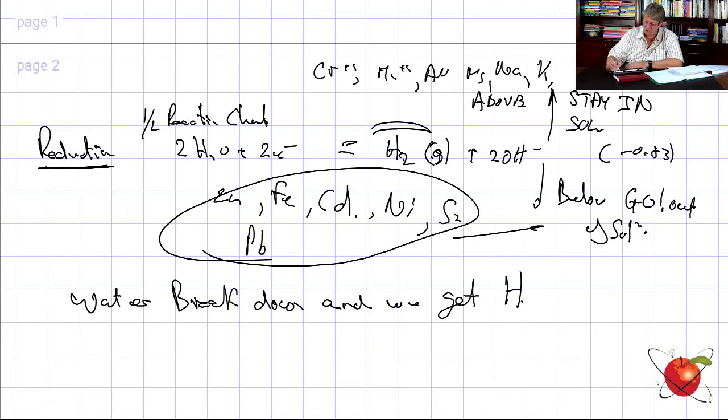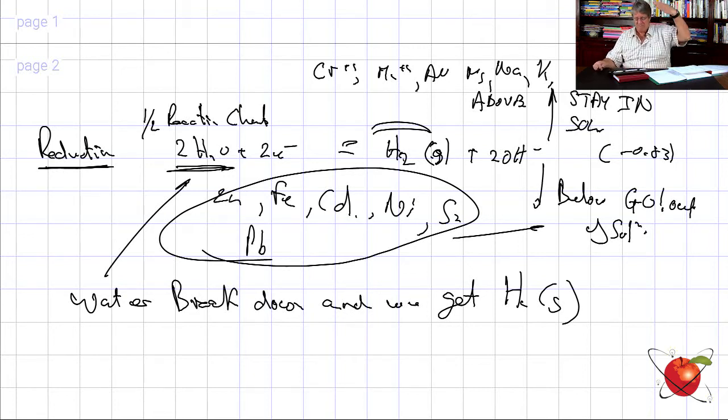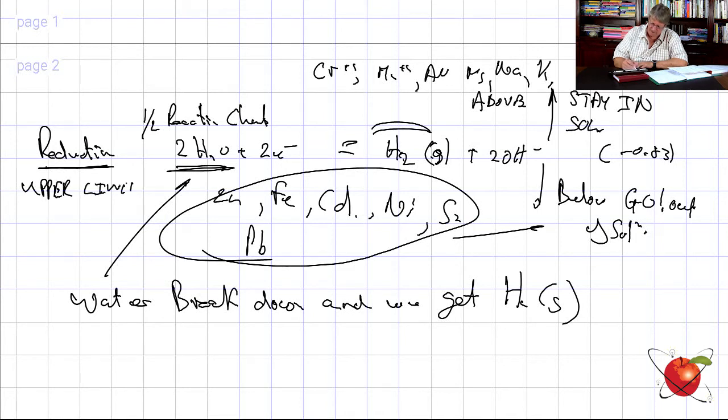We get H2 gas. So can you see the water has broken down? Because the stuff above it, it's not going to come out of solution. It gets to that point and then the water says no more. And once again, we start getting hydrogen coming off. So that's our upper limit.